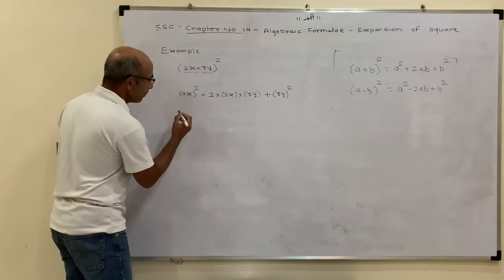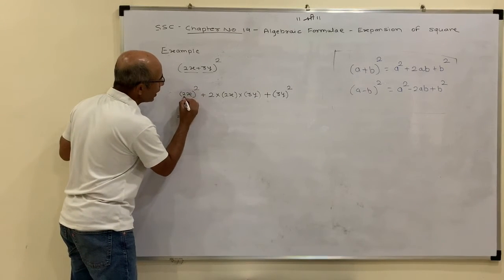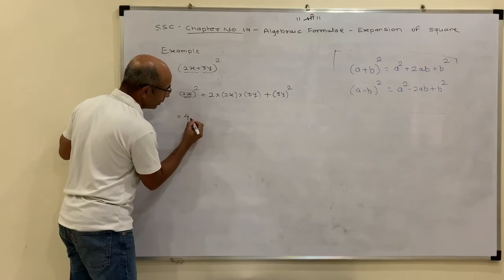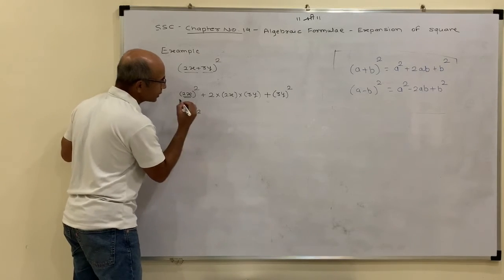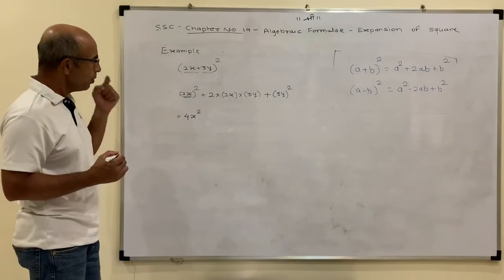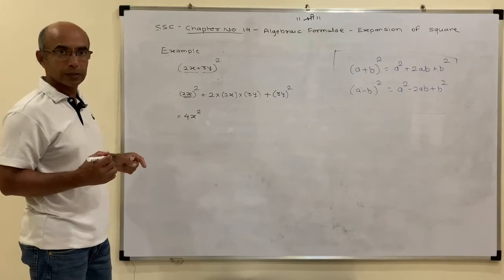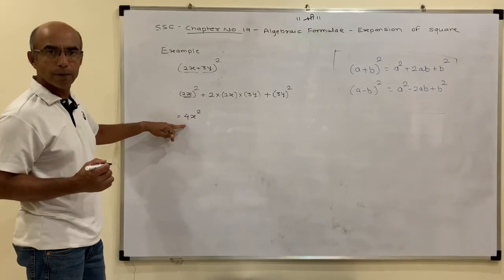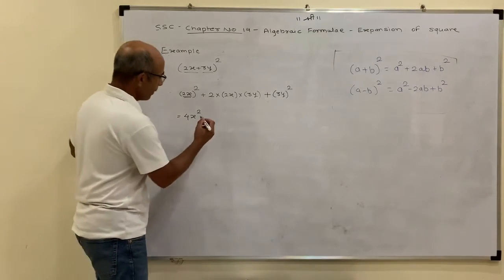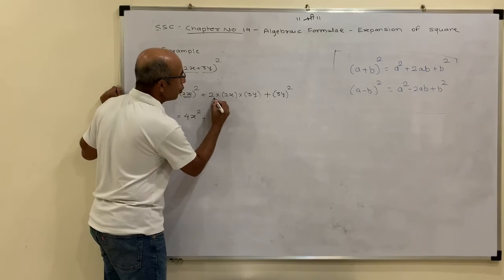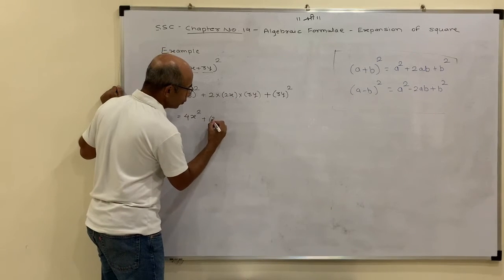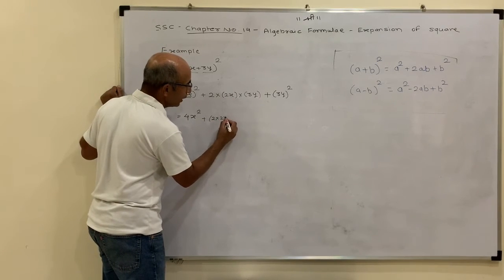So now (2x)² is equal to 4x², square of 2 into square of x, and 2 squared is 4. Then plus 2 into 2 into 3.